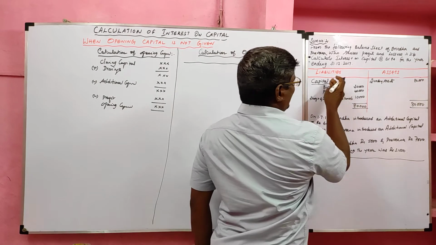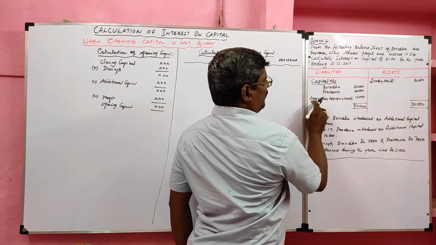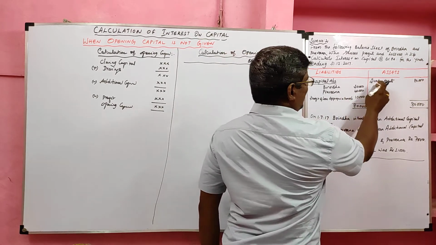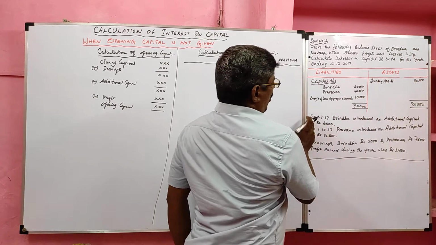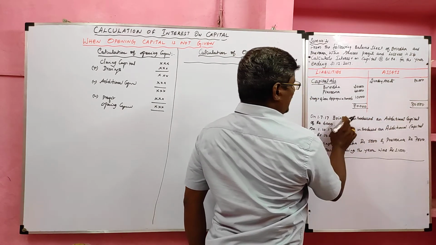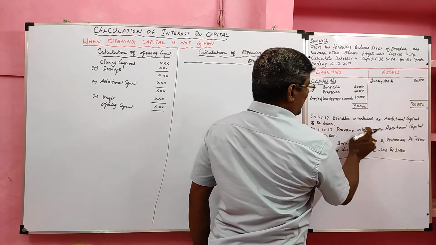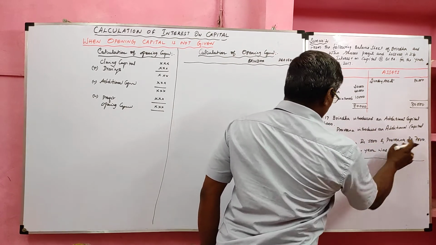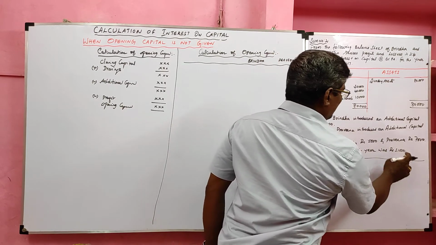On the liability side, capitals are given, and the profit and loss appropriation account, the profit already credited, 10,000. Sundry assets 80,000. On 1st July 2017, Brinda introduced an additional capital. Brinda's additional capital 6,000, Praveena's additional capital 10,000. The drawings of Brinda 5,000, Praveena 7,000, profit earned during the year 31,000.